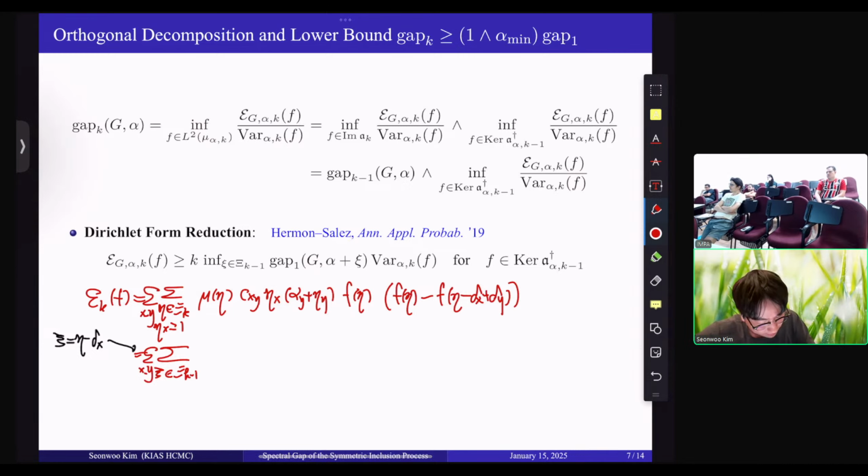And then we can rewrite everything in terms of psi k.